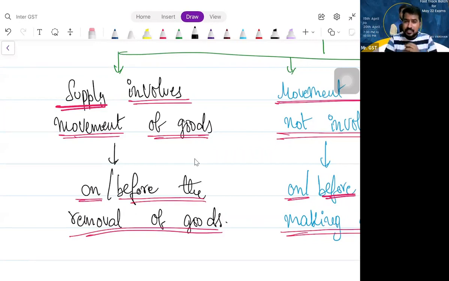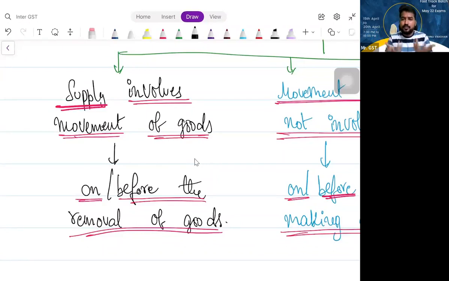Tell me, when I purchase that, there is a supply, yes or no? In GST, obviously, there is no term called sale. We use supply. Whether this supply involves movement of goods?